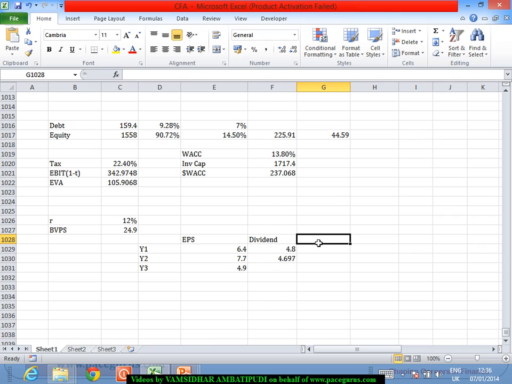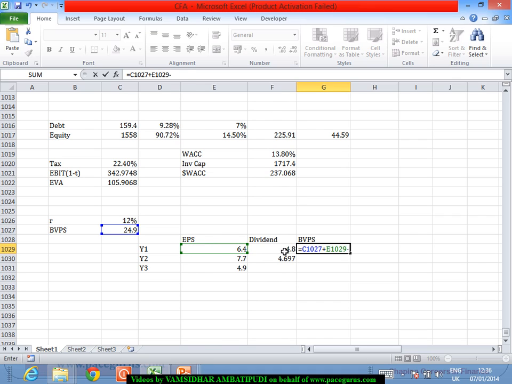Now, the difference between the EPS and the dividend, this is what is going back to the book value computation. So I will take the old book value per share, plus whatever is the difference between the EPS and the dividend, that is becoming the end of the year book value per share, right? Because this is going as a retained earning, which is adding up to the book value per share.